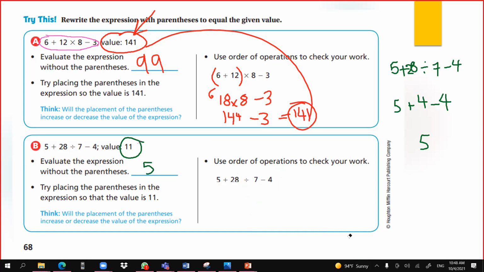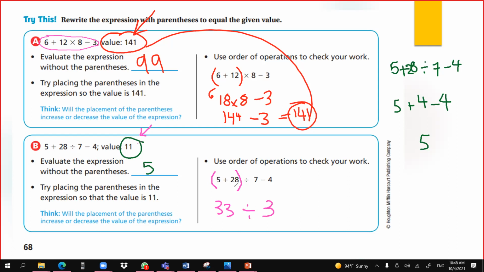You need now to put a parenthesis in order to get the answer 11. First of all, you put the parenthesis here. Now try 5 plus 28, it's 33. The answer here is 33, but I want the answer to be 11. How can I make 33 to be 11? I divide it by 3.